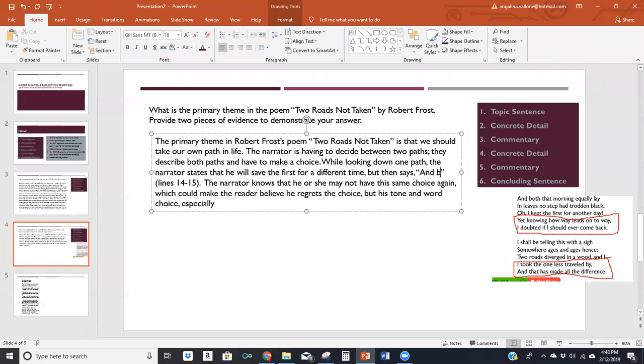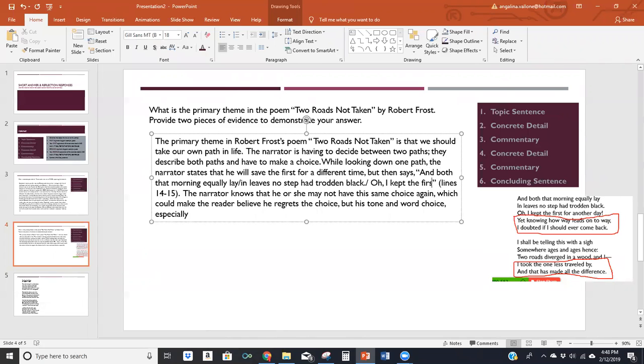The top of that, and both that morning equally lay in leaves no step had trodden black. Oh, I kept the first for another day.